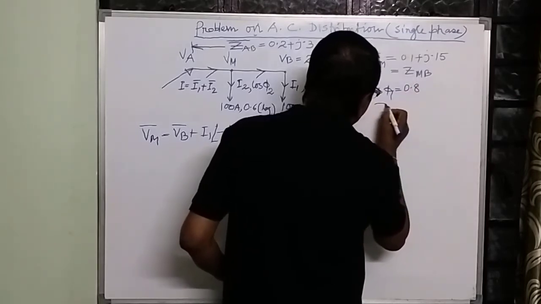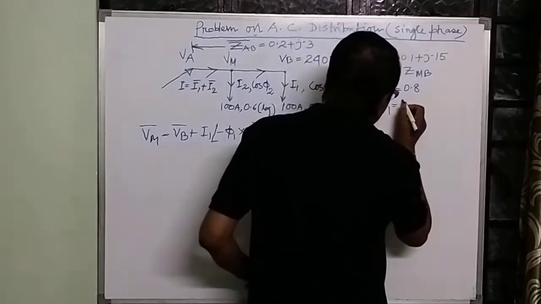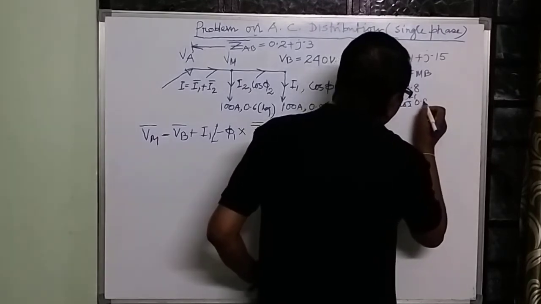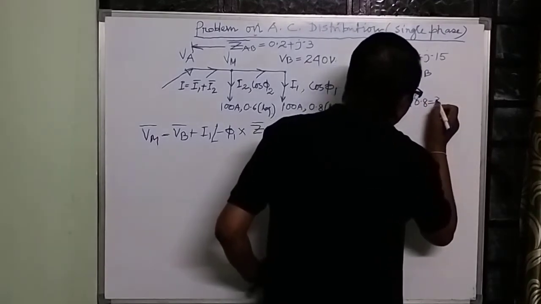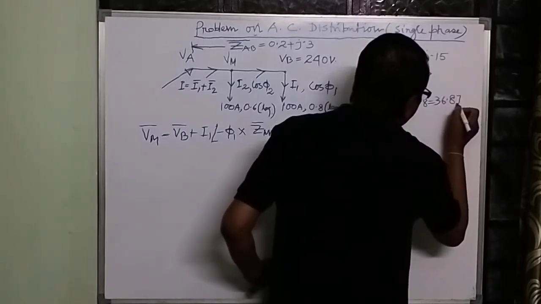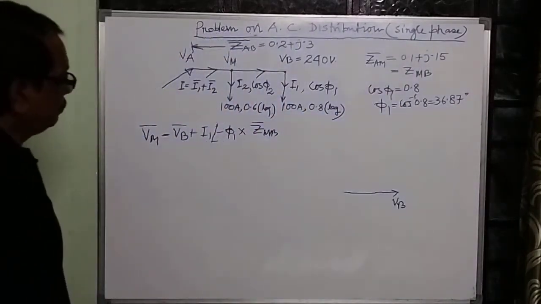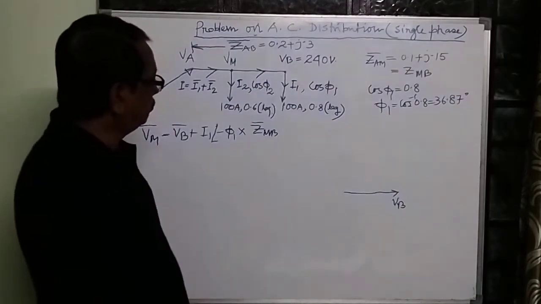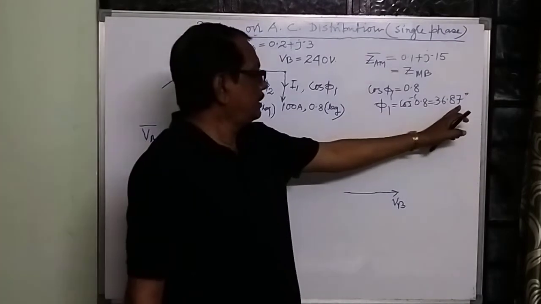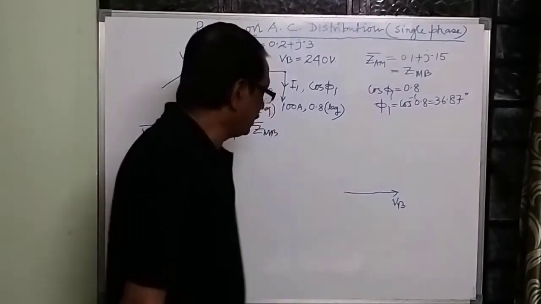So by scientific calculator we can find phi equals cos inverse 0.8, the angle will be 36.87 degree. So with respect to VB, I1 is lagging at an angle 36.87, which by abbreviation we can write I1.